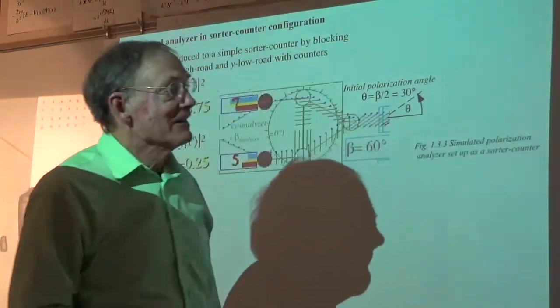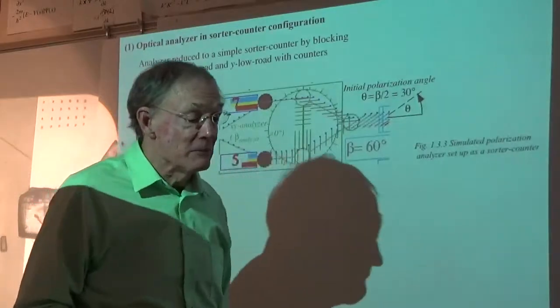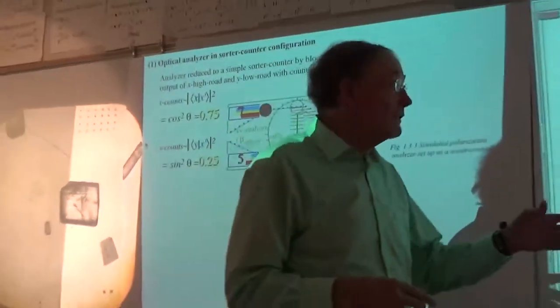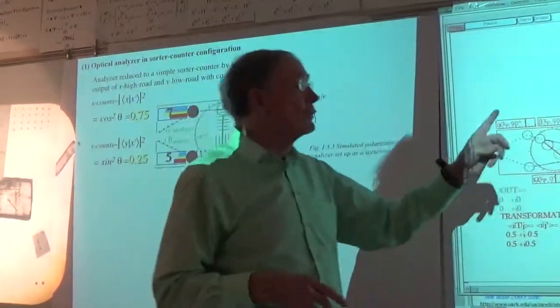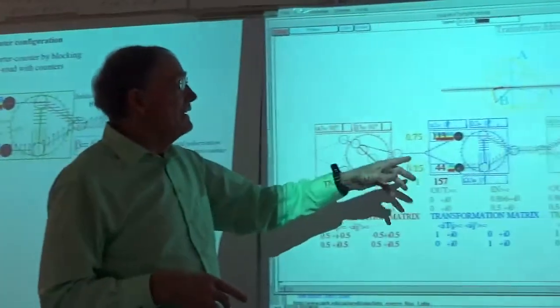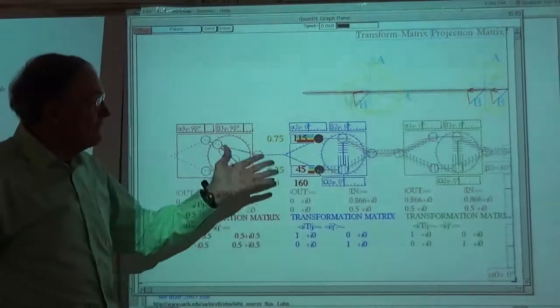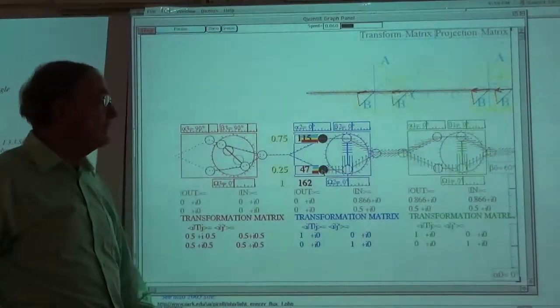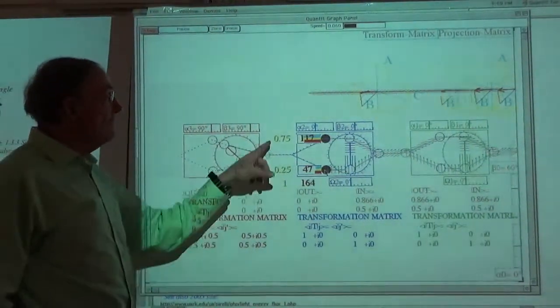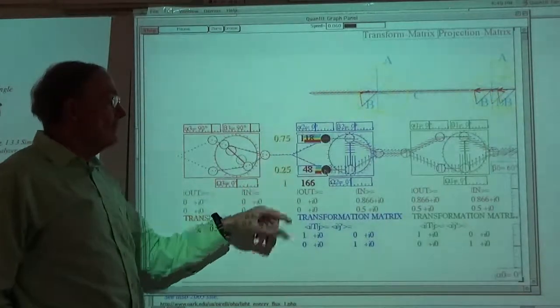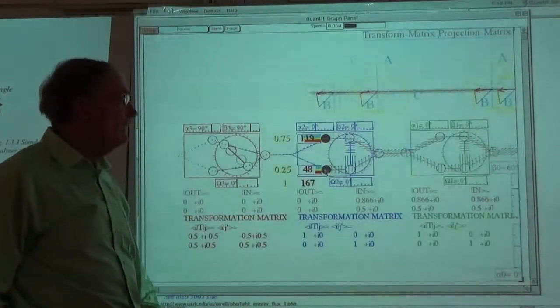But that's what's so cool about the Feynman method, particularly if you break it down to two-state systems. It really shows from the very beginning what it is that we do when we do quantum mechanical experiments. I predict 3/4 and 1/4, you see, of however many I put in.